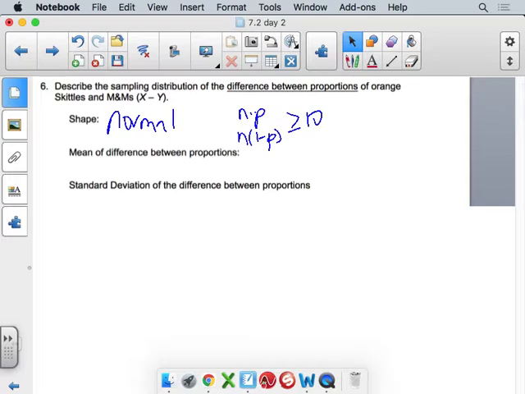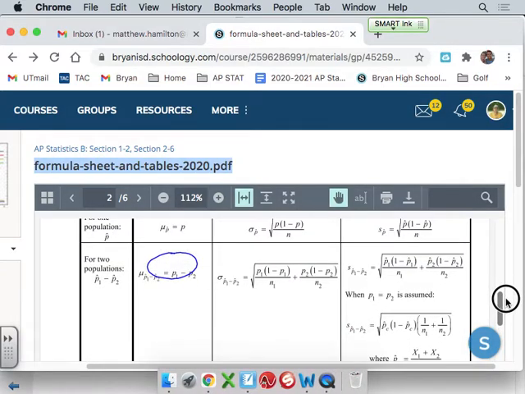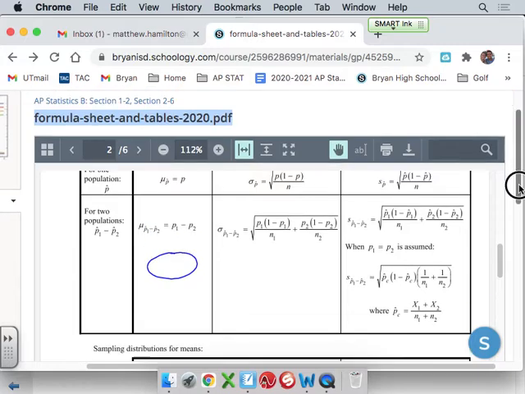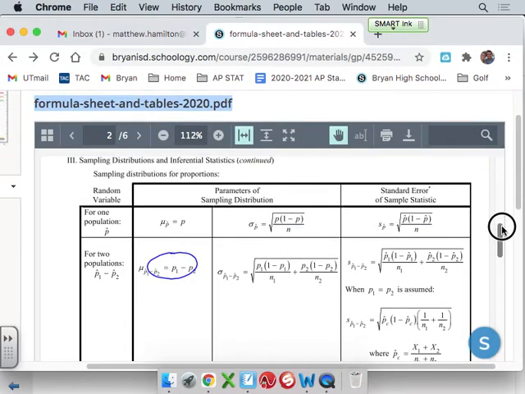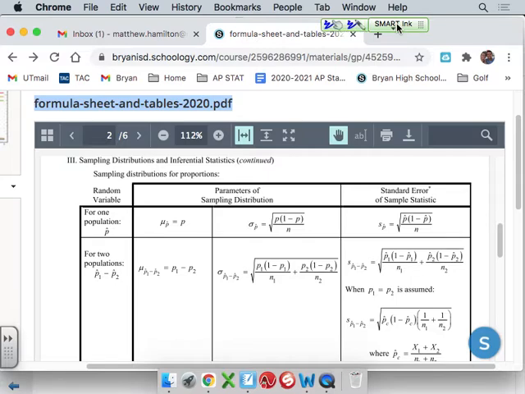All right, for the mean, I want to just point to the formula sheet again. So on our formulas, you've got, scroll this down, here is for one sample, but this is for 2.